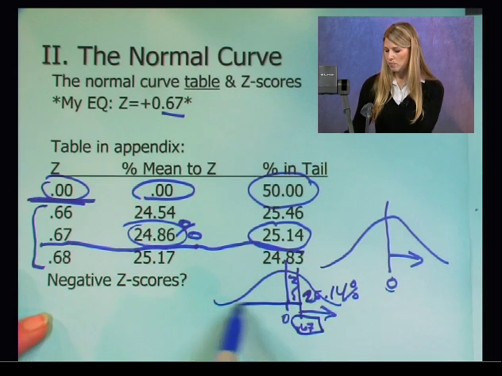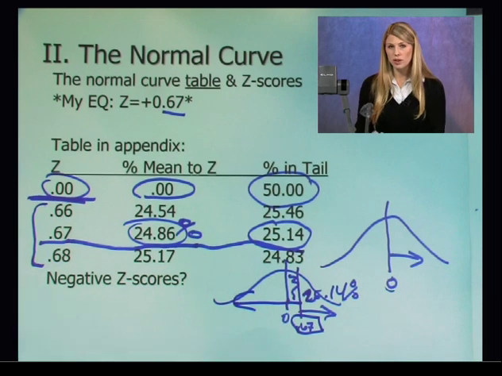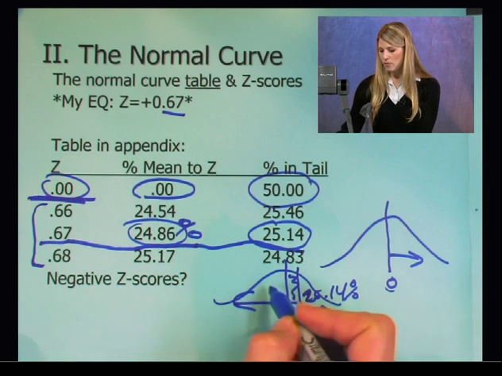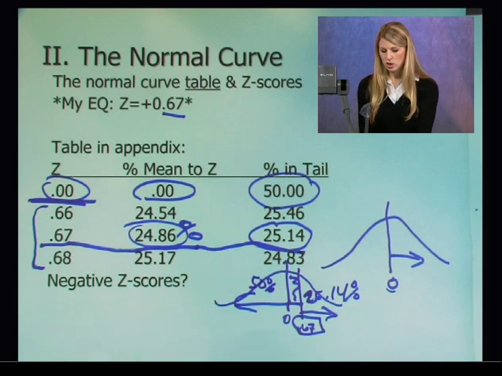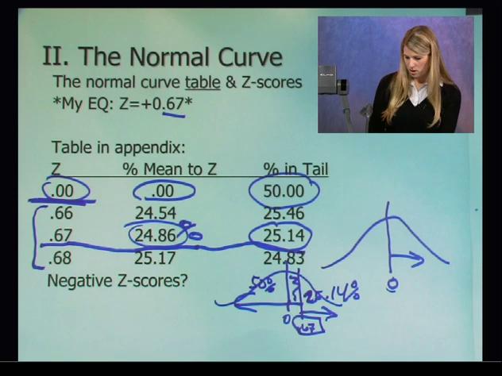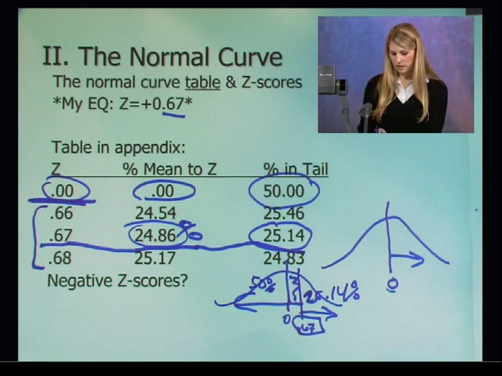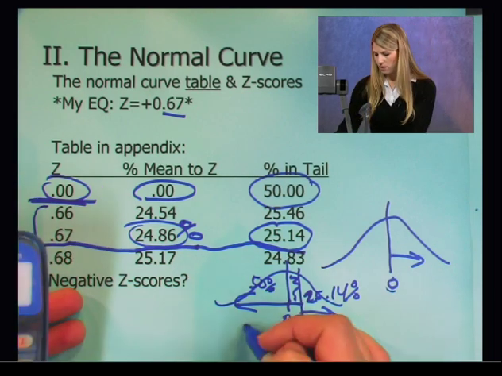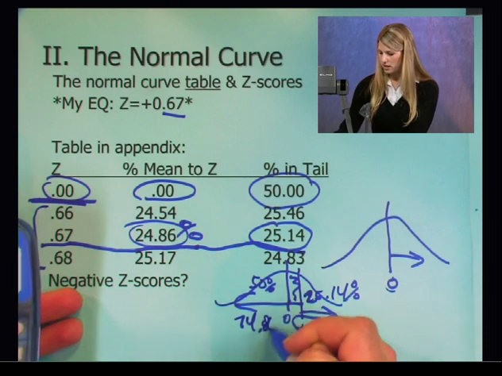But if I want to know the amount of people that score lower than me, all I know is how many score down to the mean. But on the other side of the mean, if you recall, we have 50% on this entire half. So if you just add 50 plus 24.86, you get 74.86%.